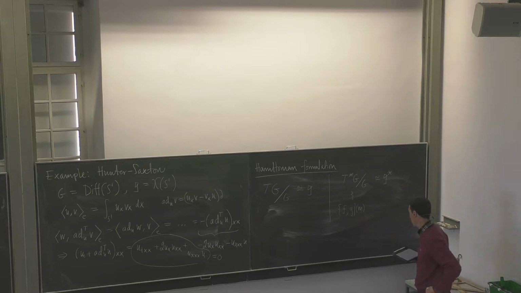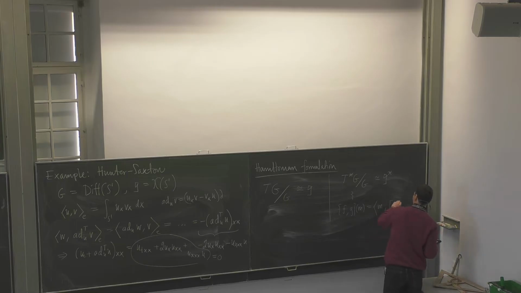It's going to be the natural pairing between these dual elements and the bracket between df evaluated at m and dg evaluated at m. Notice that we take d of a function on g*, so that will be in g**, which we identify with g. This is completely natural.